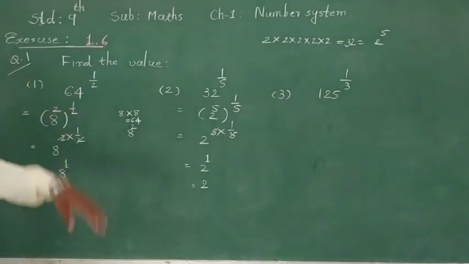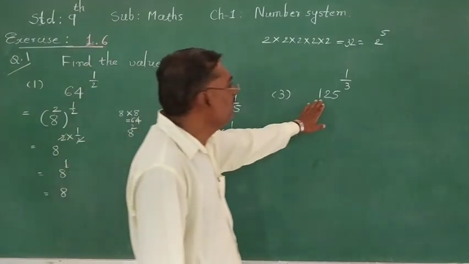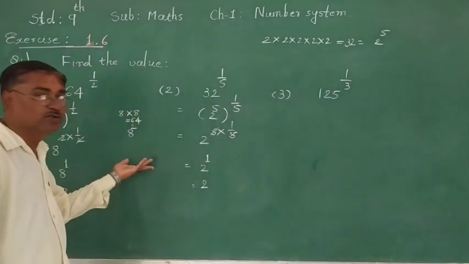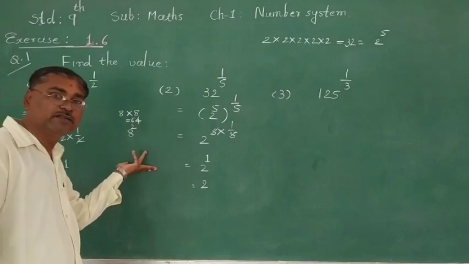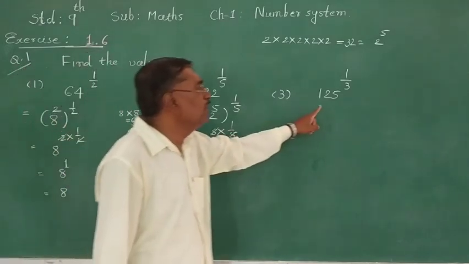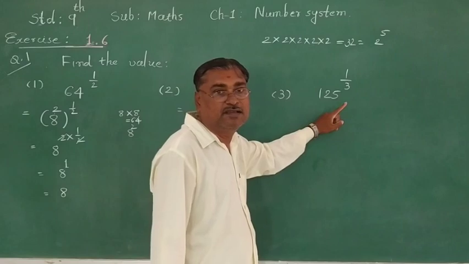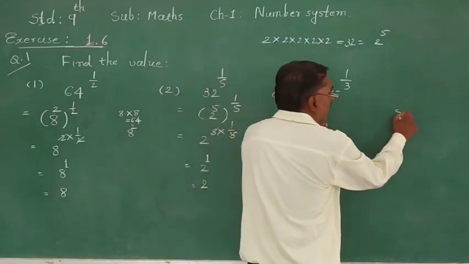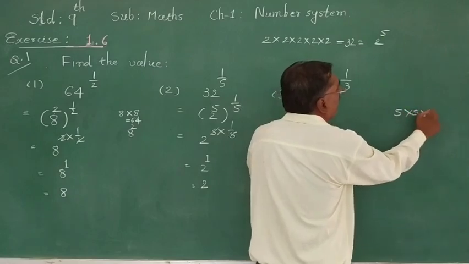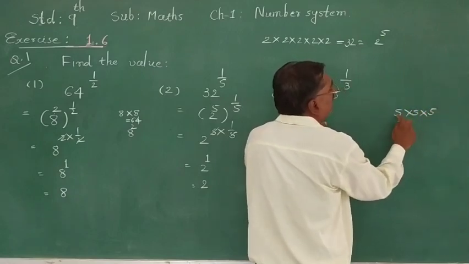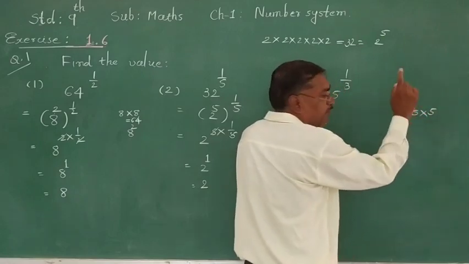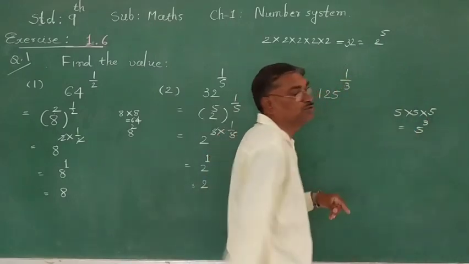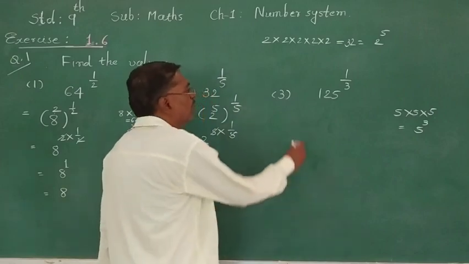Now about the third, 125 raised to 1 upon 3. Now you can see here, like the example you have already solved. Now you can tell me which number we will take 3 times and multiplying it we will obtain 125. So 5 multiply 5 multiply 5. 5 fives are 25, 25 fives are 125, means we can write 5 raised to 3, 5 cube. Okay.